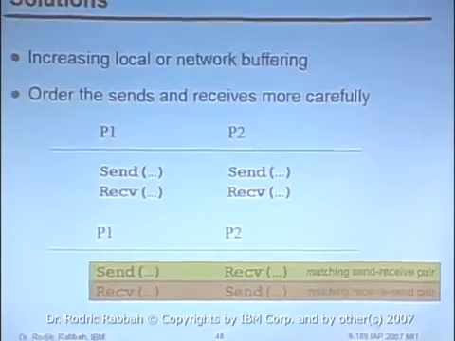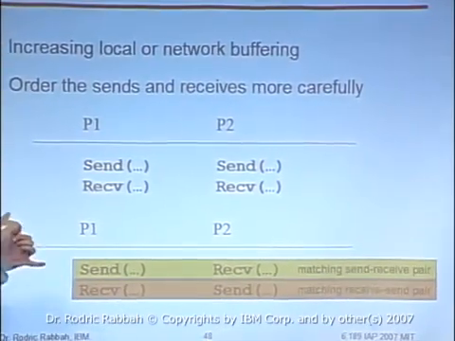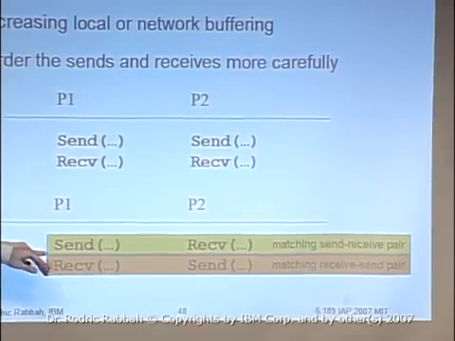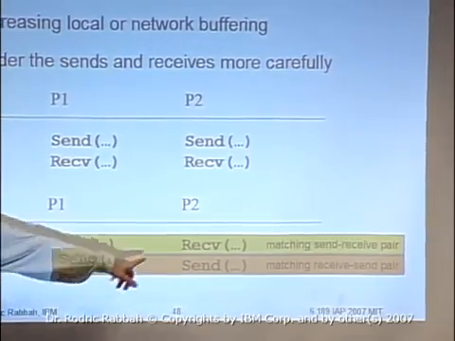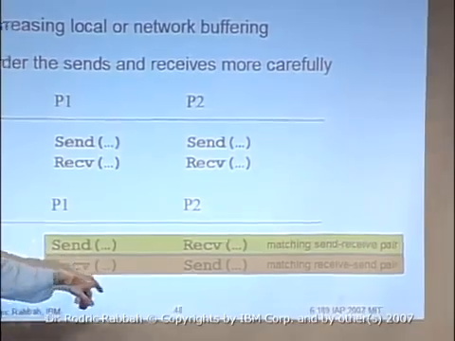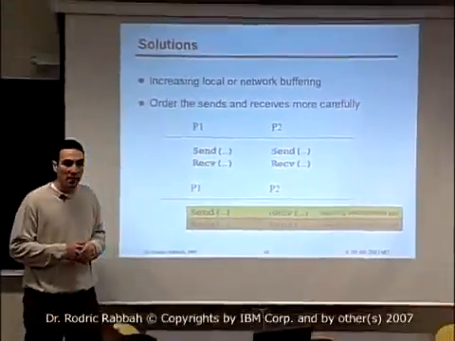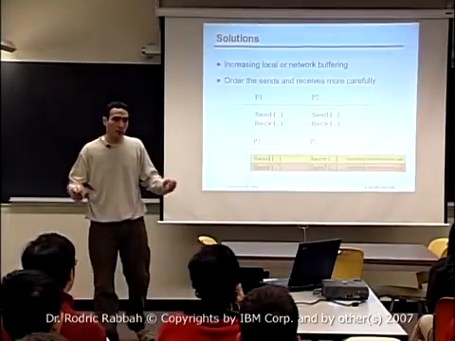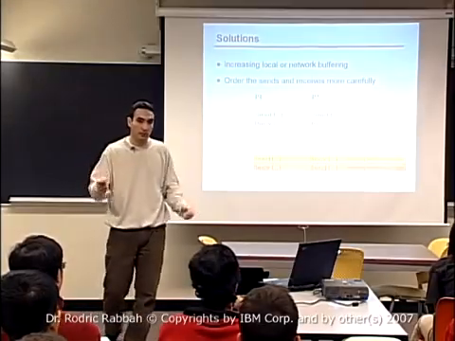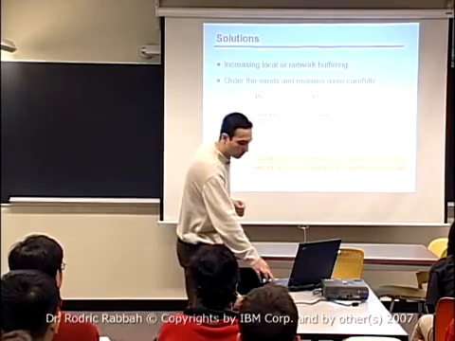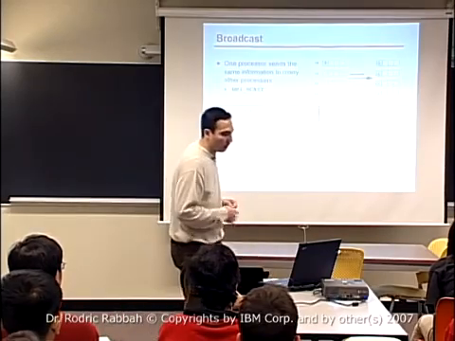So what you might need to do is be more diligent about how you order your sends and receives. If you have processor 1 doing a send, make sure it's matched up with a receive on the other end. Similarly, if you're doing a receive here, make sure there's a matching send on the other end. And that helps you in making sure that things are operating reasonably in lockstep at partially ordered times. Okay.